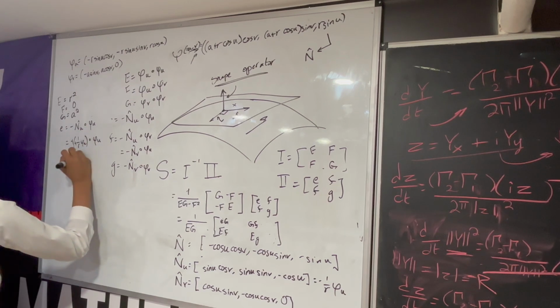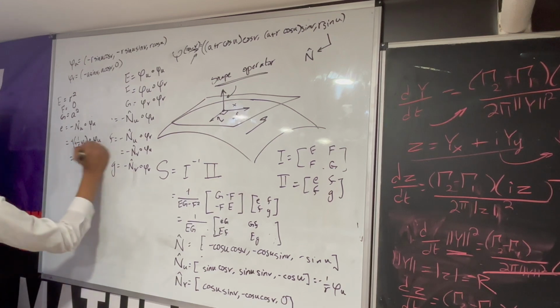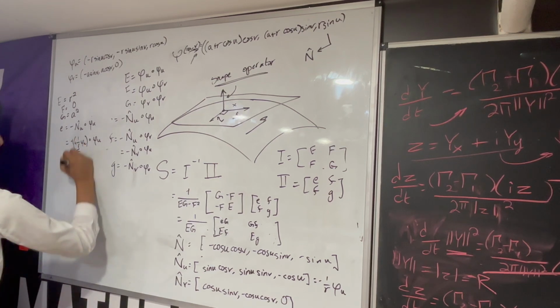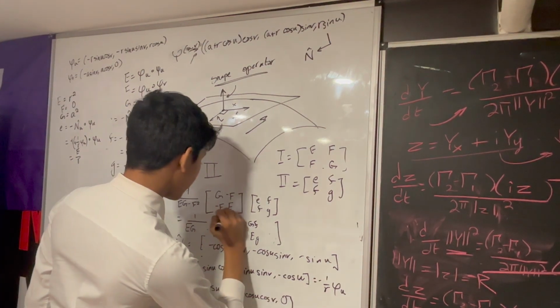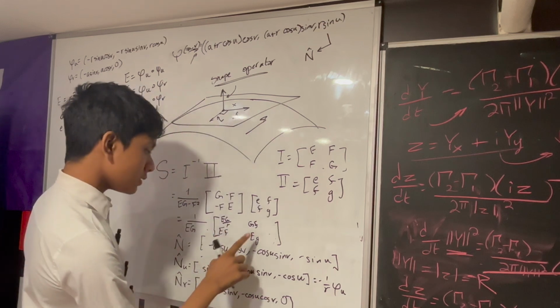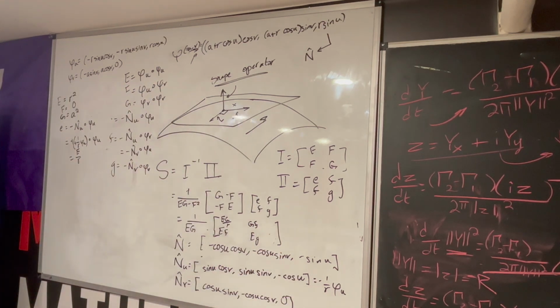These cancel out. This ends up being 1 over r this dot this, which becomes e over r. Okay, so this is e over r, and I don't think E comes into use anywhere else. Great.